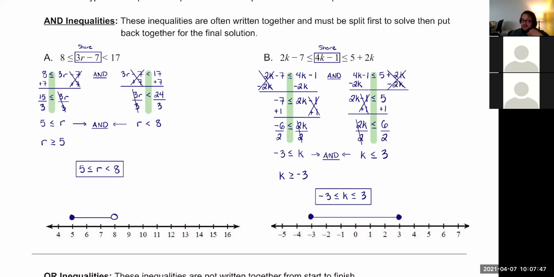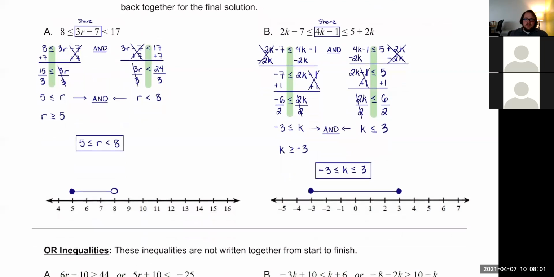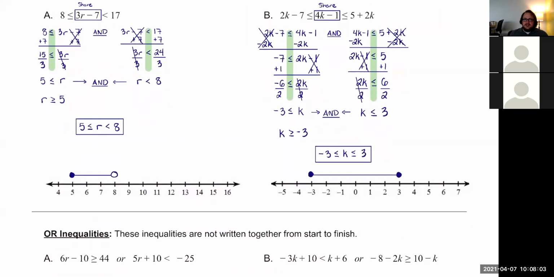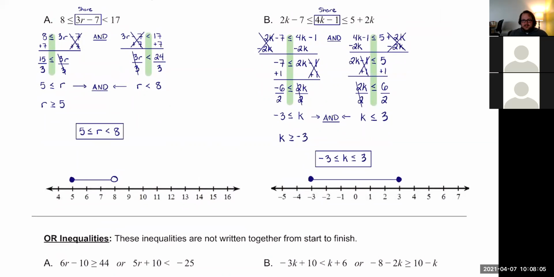So tomorrow we'll be reviewing yet again everything we've covered the first 3 days in preparation for a test on Monday, which always makes people panic the first time. But once you start to see the format of review and then you see the test itself, it's a little less scary.